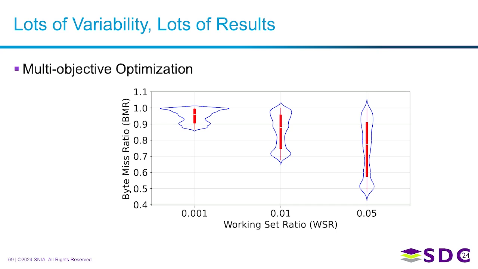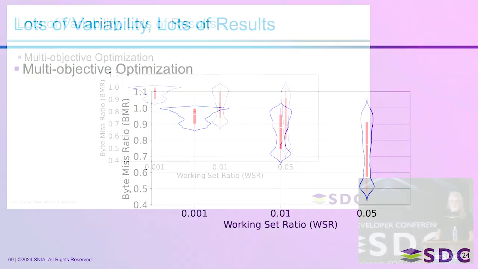So this is just a quick graph of what we did with Cloudflare, and this is one example of 3 different variants. These graphs represent about 37,000 different simulations that were run, and the piece that we're graphing here is just how large the cache is in comparison to the working set size.